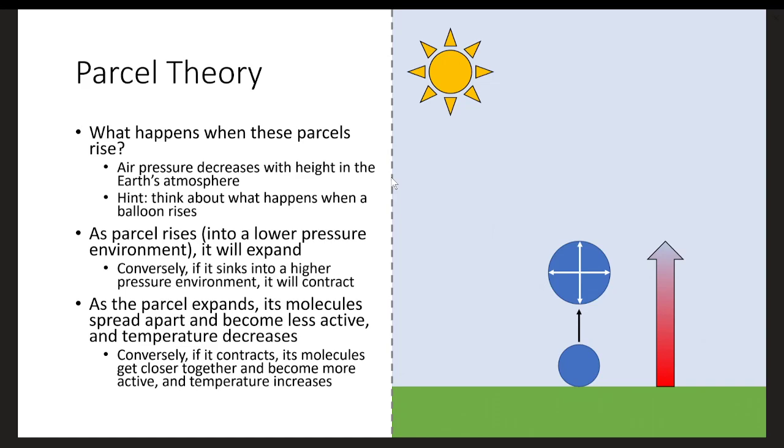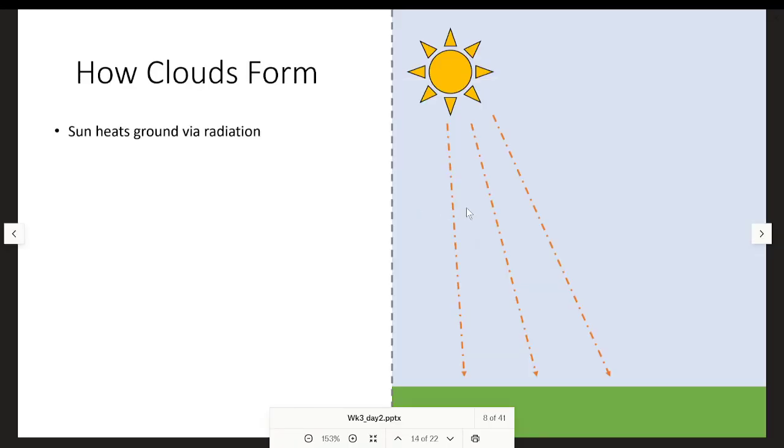The temperature is going to increase. You've got more pressure on the outside of it, and it contracts. So that's why warm air rises, because it is trying to reach an equilibrium. The air is too warm, so it literally rises to cool off. It's actually kind of a miracle.